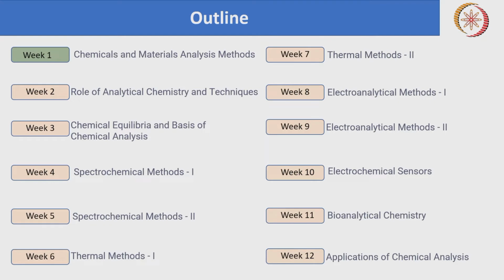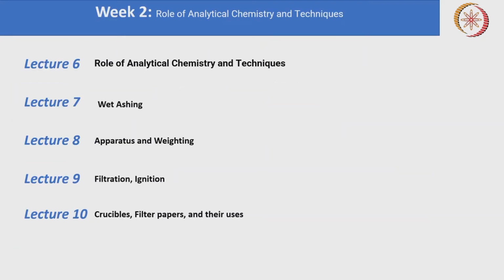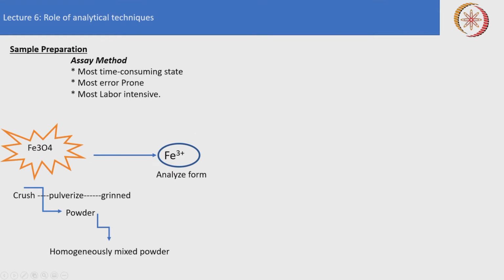Today we are in the second week of this class, where we'll discuss the role of analytical chemistry and different techniques. Here we have seen five classes. In the first class we saw the role of analytical chemistry and different sample preparation methods, and in lecture 7 the weight assaying method.